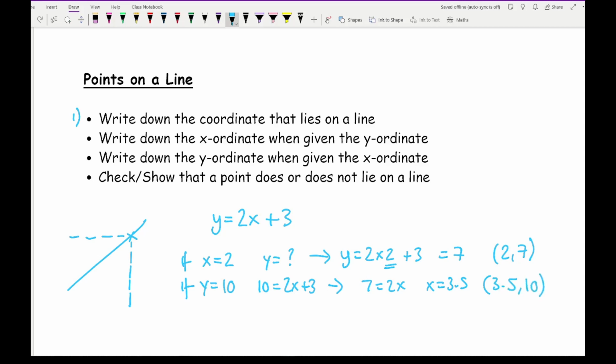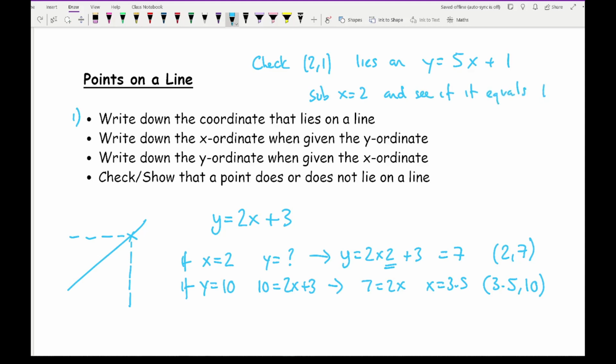And then again, to check whether a point lies on a line, for example, let's check to see if 2, 1 lies on y equals 5x plus 1. For this, what you need to do is substitute x equals 2 and see if it equals 1.